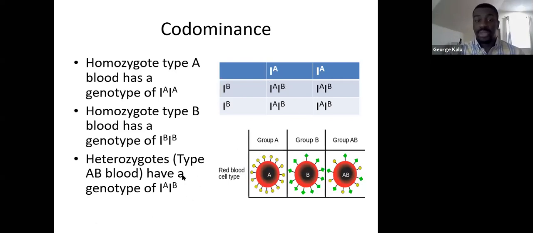So you see the A allele and the B allele both showing up in their own individual glories. Codominance is specifically for heterozygotes, and both of these alleles are going to show up like we see right here. That's our codominance.